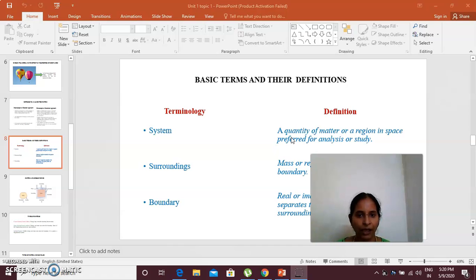If you are taking 1 kg of water and you are going to heat it, and you want to see the effect of the heat on that water, then that 1 kg of water is your system. The surroundings: you keep the hot water in a vessel, and outside that vessel is called the surroundings. It is the mass or region outside the system boundary, and the boundary means the outer surface which separates the system from its surroundings.